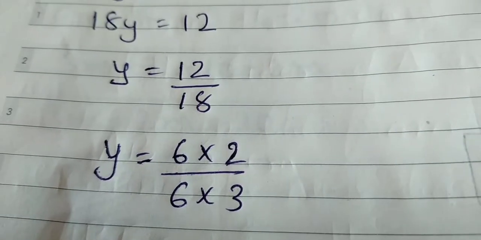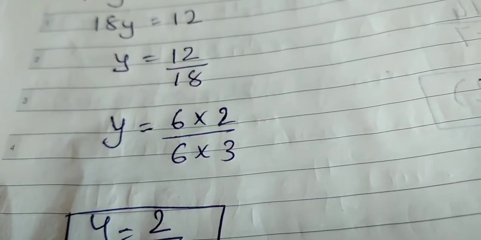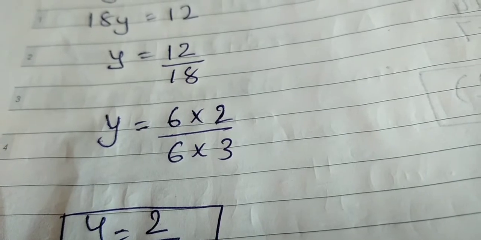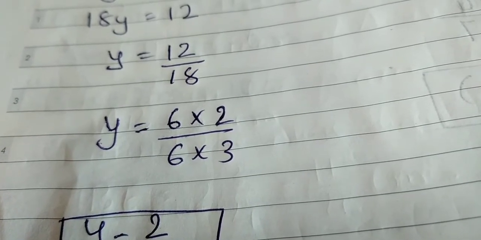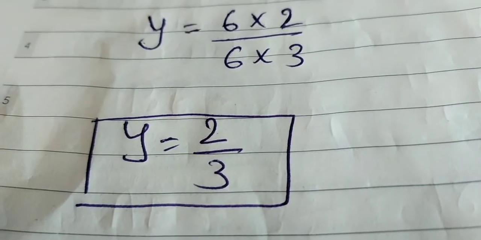It's up to you how you simplify and find the simplest value of y. There is 6 common between 12 and 18. 6 2s are 12 and 6 3s are 18. The 6s cancel, so we are left with 2 by 3. So finally the answer we have is y is equal to 2 by 3.